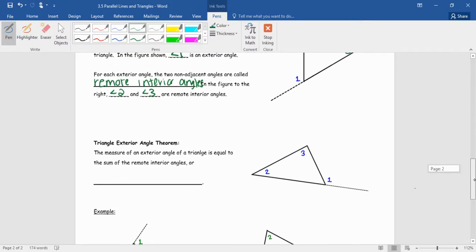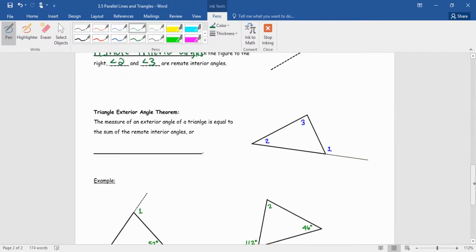So now there's a triangle exterior angle theorem, and here's what it says. It says the measure of an exterior angle, so like angle 1, is equal to the sum, that means plus, of the two remote interior angles. So if we were going to write this with our angles, we could say the measure of angle 1, that's the exterior angle because it's outside the triangle, equals the sum of however big angle 2 is and however big angle 3 is.